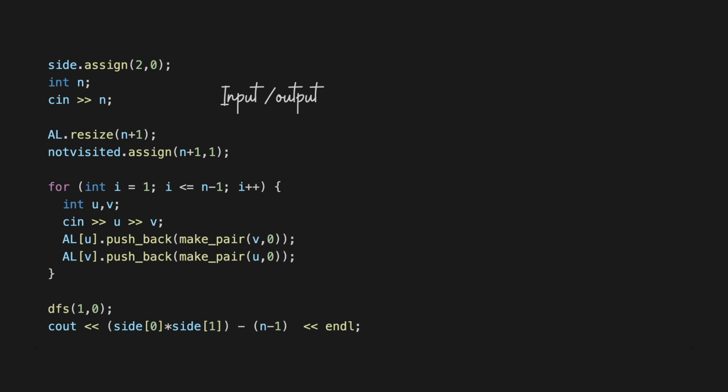So that's the product of the two sizes that we have, of the two parts that we built out, and we need to remember to adjust for the number of edges that were already there, so that what we are outputting is in fact the number of extra edges that we added.